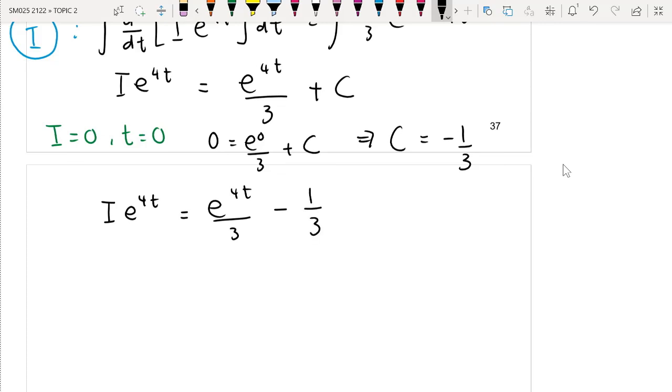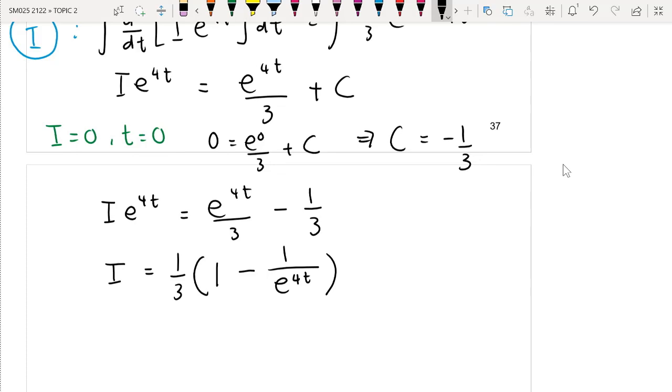Okay. So after that, we can make i, or current, our main subject because that's what the question asked for. And I can factorize out 1 over 3. So finally, current is basically 1 over 3. Exponent divided by exponent, it cancels out with one another. So we have 1 minus 1 over e to the power of 4t. And that's basically our current equation.